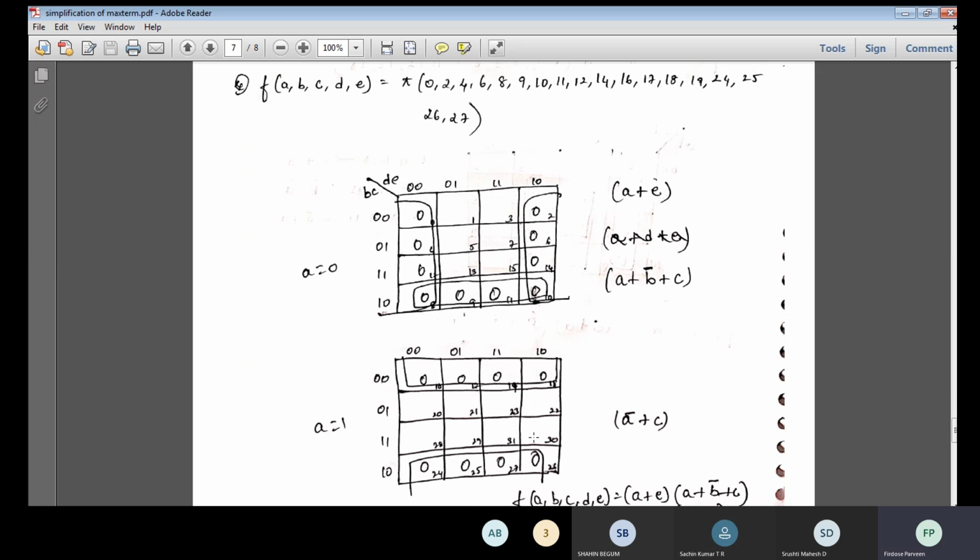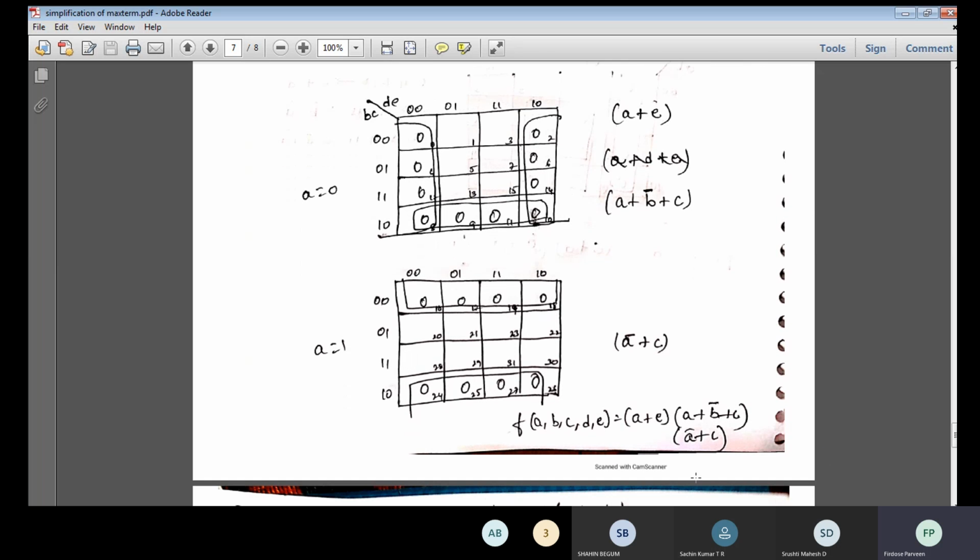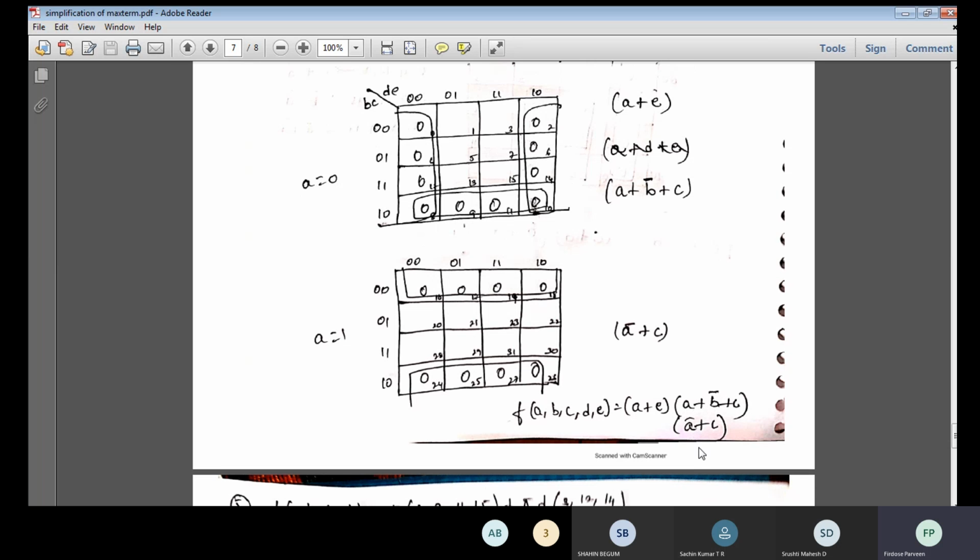So c is common, so I'll be writing a bar plus c here. As it is covering all the columns, I'll not be getting any variable over here. So it is a bar plus c. So altogether the expression is like this: a plus e into a plus b bar plus c into a bar plus c.